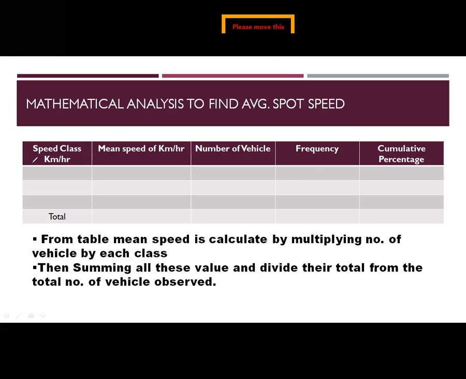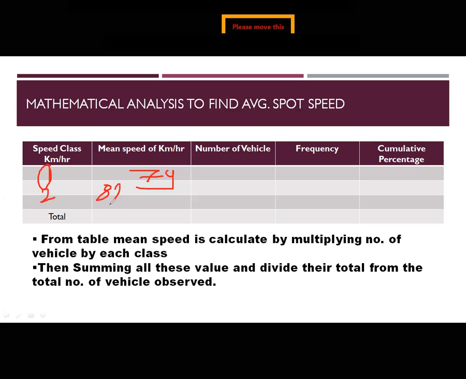Here you could understand one thing, there is a speed class. We cannot apply the same column like vehicle number 1 has a speed of 79, vehicle number 2 has a speed of 82.